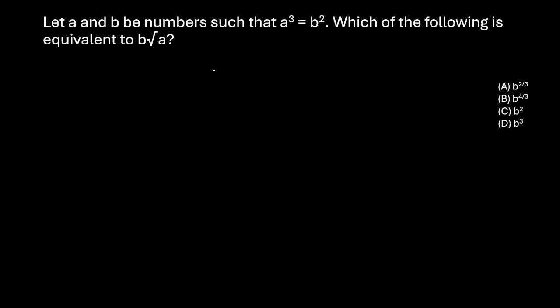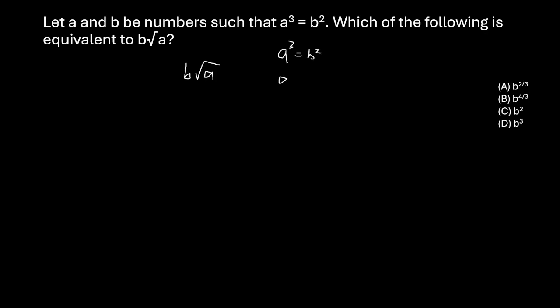Well, all the answers are given by b to the power of something. So if we want to know the value of b times the square root of a, we want to write a in terms of b. So we know that a cubed is equal to b squared.